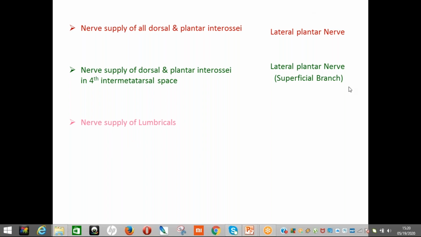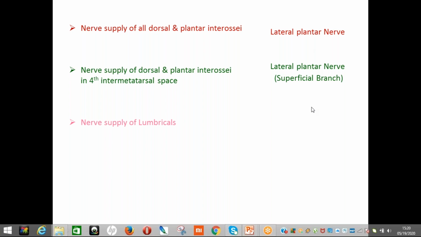Next question is the nerve supply of lumbricals. In the fourth space, the interossei were supplied by the superficial branch, and in the rest of the web spaces, by the deep branch. Lumbricals: the first by the medial plantar nerve and the rest by the deep branch of the lateral plantar nerve.